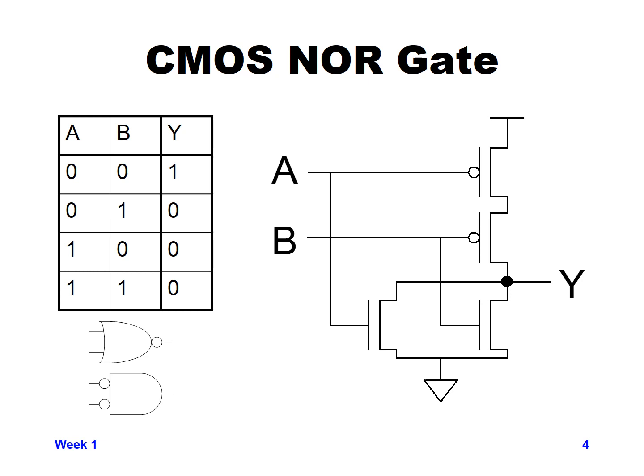Now there are two inputs, input A and B. Input A is connected to the gates of one PMOS transistor and one NMOS transistor, and input B is connected to the other PMOS transistor and the second NMOS transistor.